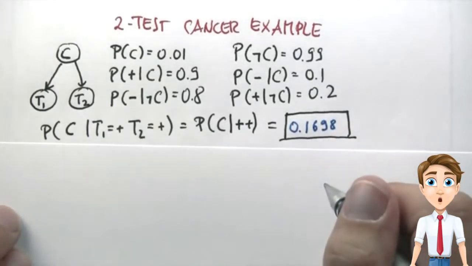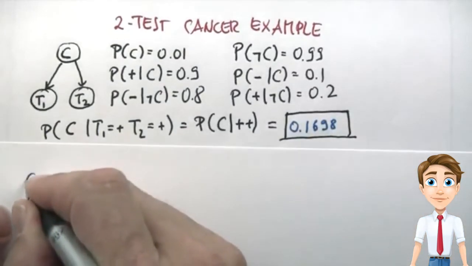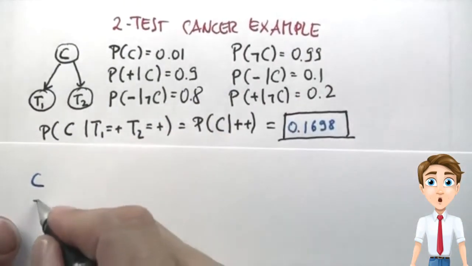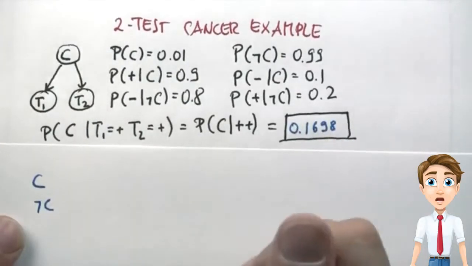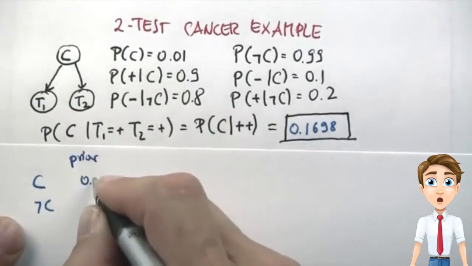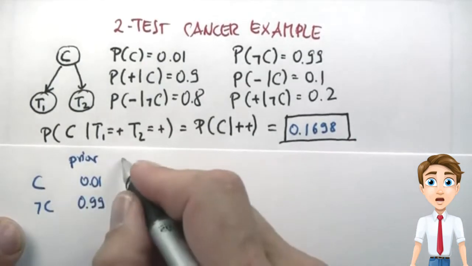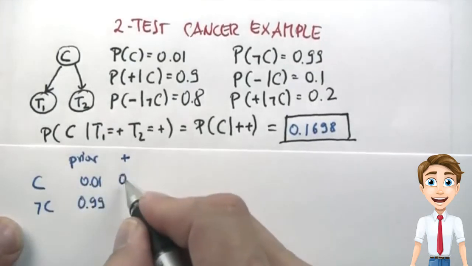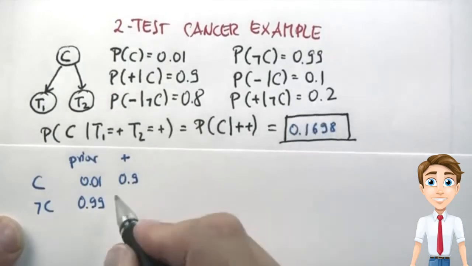And to compute this, I use the trick I've shown you before. Let me write down the running count for cancer and for not cancer as I integrate the various multiplications in Bayes' rule. My prior for cancer was 0.01 and for non-cancer was 0.99. Then I get my first plus, and the probability of a plus given cancer is 0.9, and the same for non-cancer is 0.2.